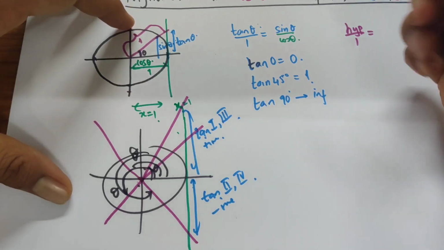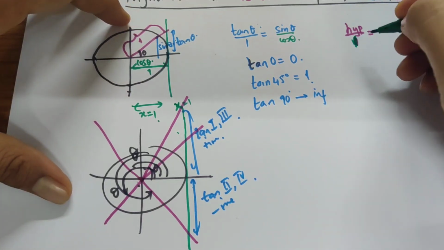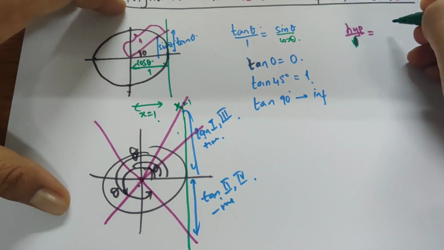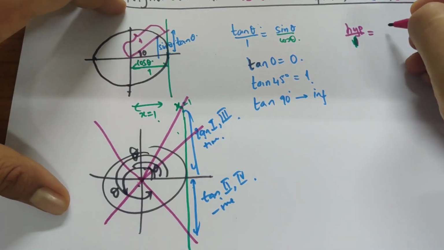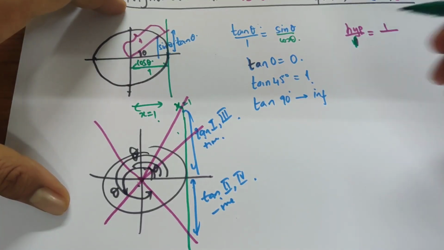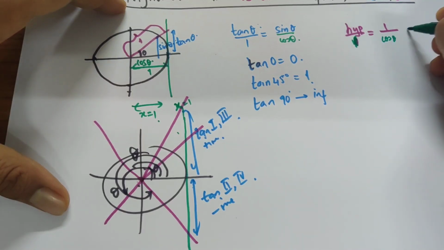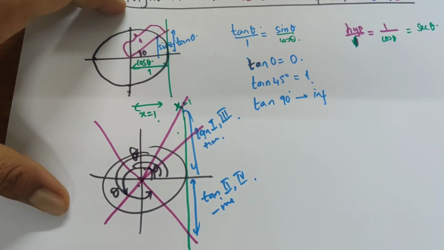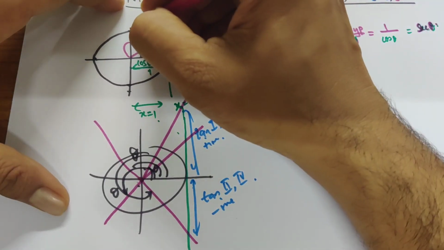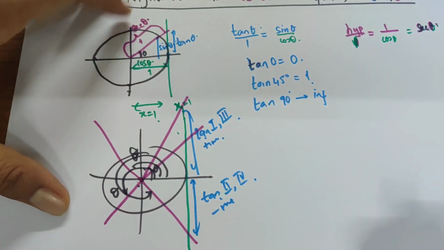Hypotenuse divided by 1 is the same as hypotenuse there, which is 1 divided by cos theta. So this is basically secant theta. Interesting. Okay, so my hypotenuse is secant theta.